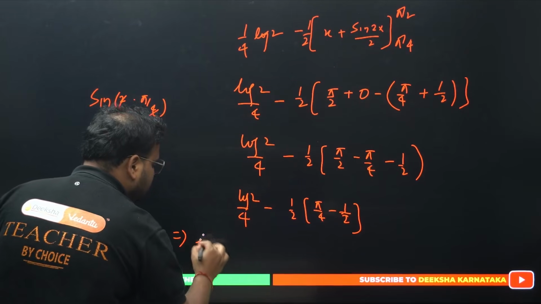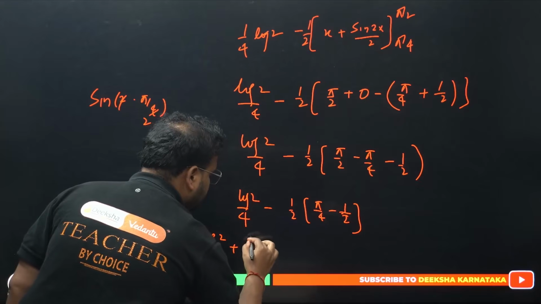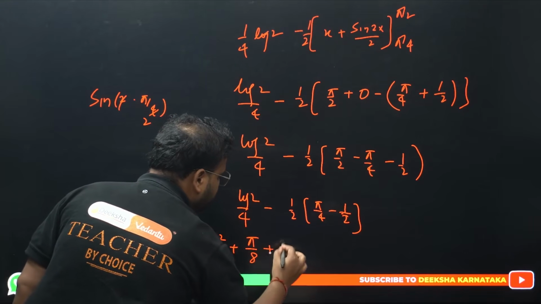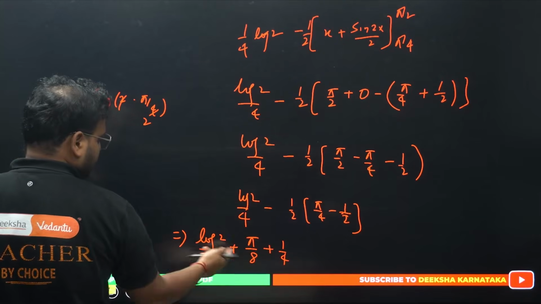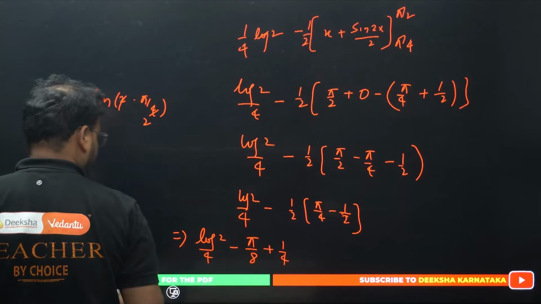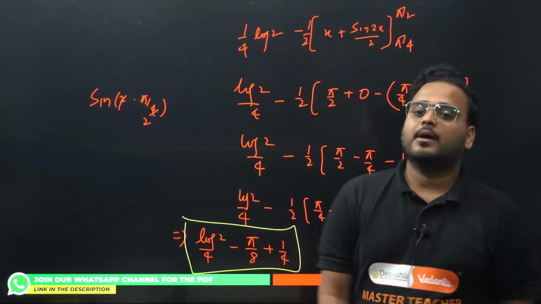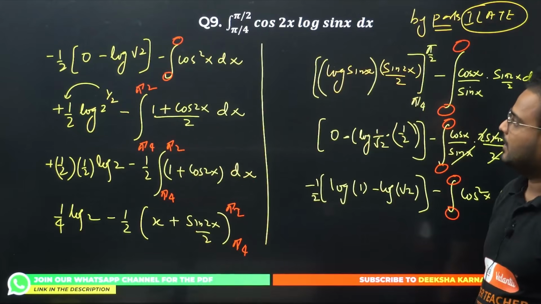My final answer is log 2 by 4 minus pi by 8 plus 1 by 4. Yes. Done. Ninth one.